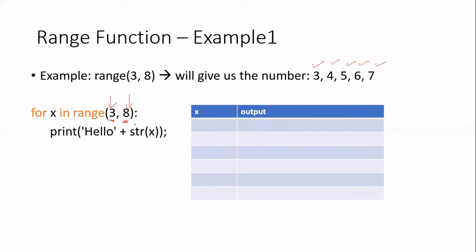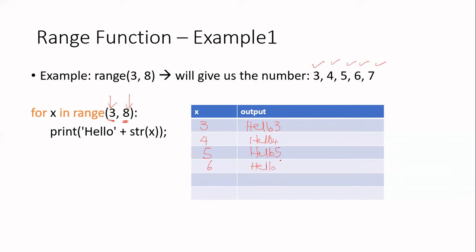So when the first value of x is 3, that's its starting value, it's going to print hello. And because x is 3, it's going to print hello 3. Go back up, x becomes 4. It's going to print hello 4. Go back up, x becomes 5, and it's going to print hello 5. Go back up, x becomes 6.